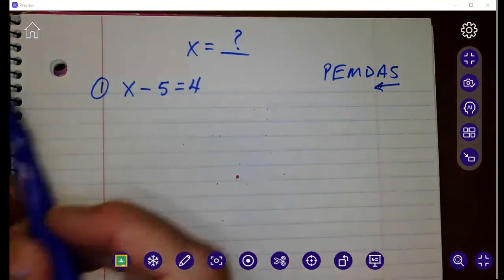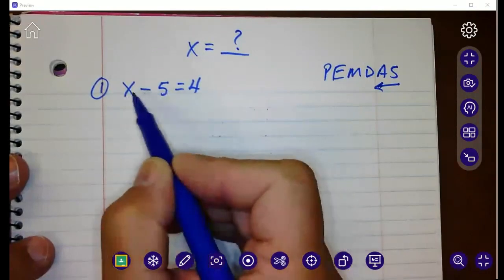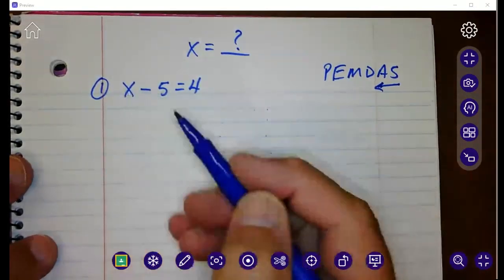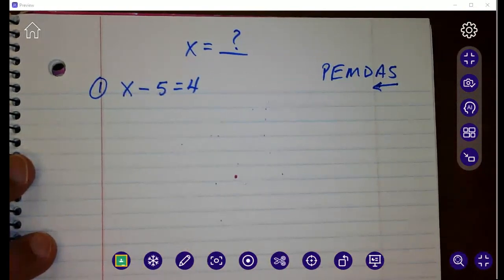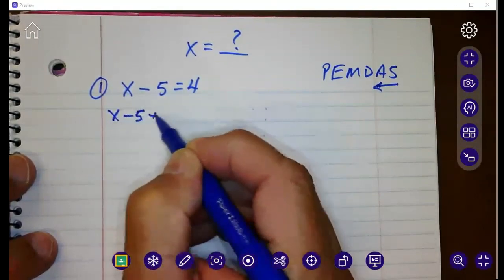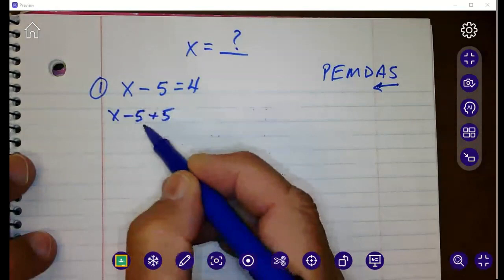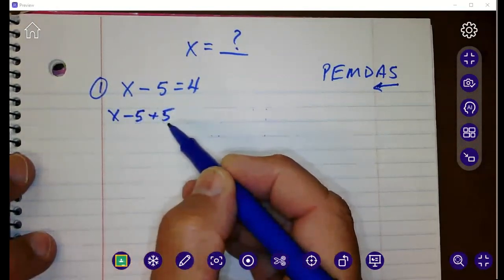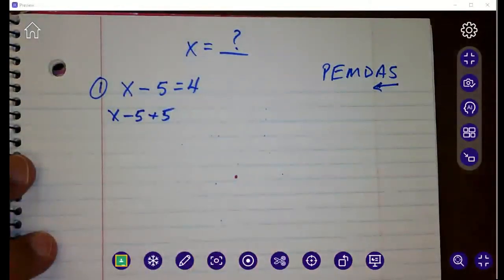So I'm looking at the x, and I see that I am subtracting 5 from the x. So I need to undo that subtraction. The way I do that is I add 5 to that side, because minus 5 plus 5 becomes 0. We're trying to get rid of stuff that's on the left side of the equation with the x.